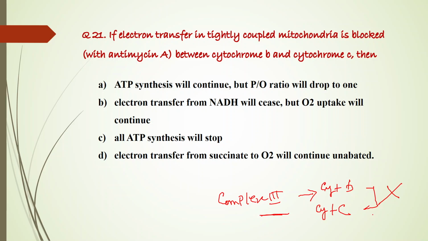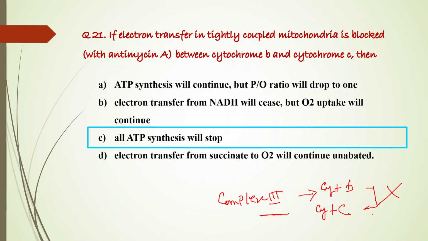But hampering any of the steps or any of the electron transfer reactions will result in complete stoppage of ATP synthesis, because all these reactions are coupled to each other. If any of them stops, obviously the others will no longer function. So if you block cytochrome B and C in the mitochondria with antimycin A, then ultimately it will lead to the stopping of ATP synthesis overall.